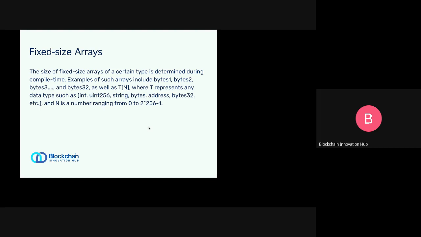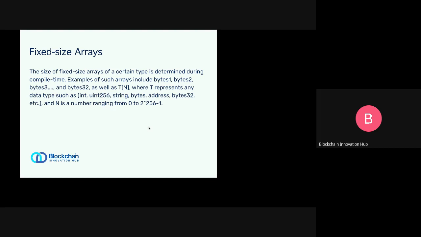Examples include bytes1, bytes2, bytes3 up to bytes32. This bytes32 now, can someone do a simple calculation for us? 32 times 8. That should be 256, right? So bytes32 takes the same amount of space as uint256.